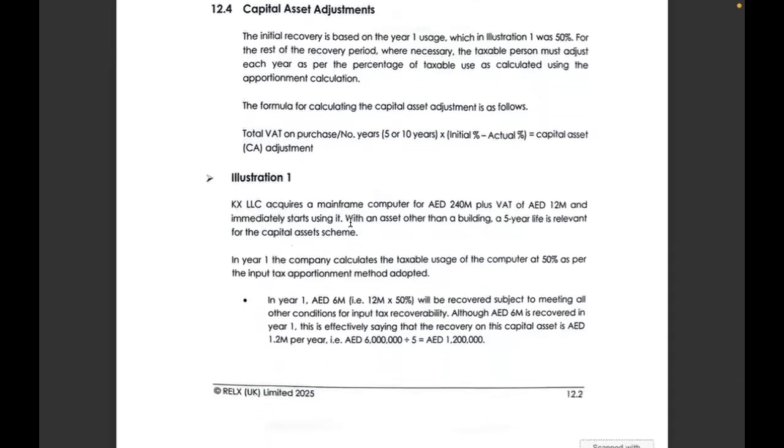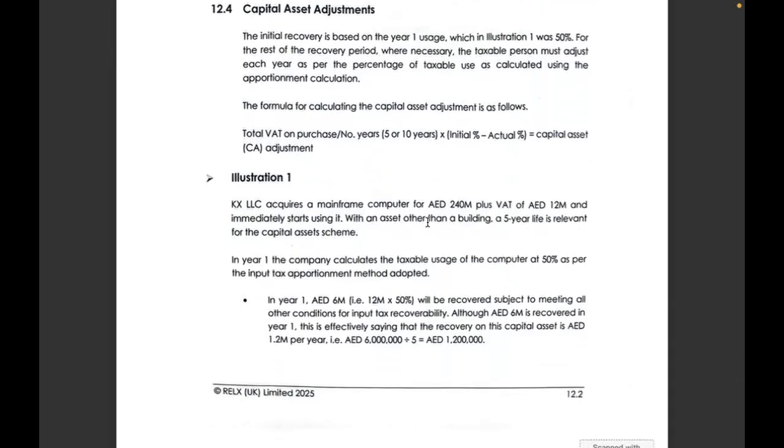KX LLC acquires a mainframe computer for AED 240 million plus VAT of AED 12 million. So the total cost of the asset was 240 million and VAT was 12 million, and it immediately starts using it.